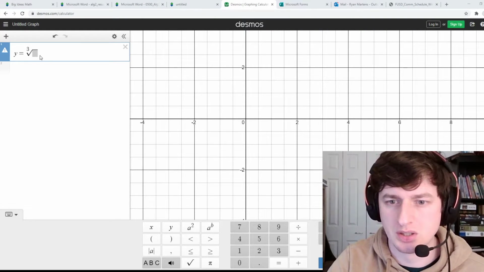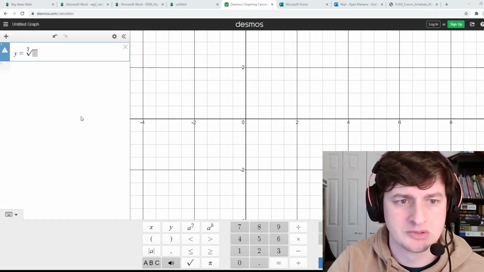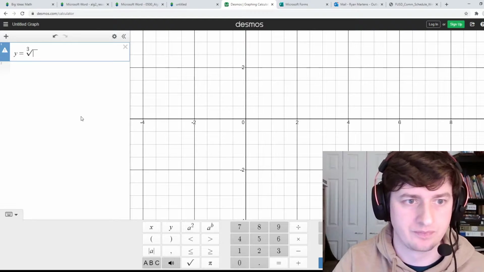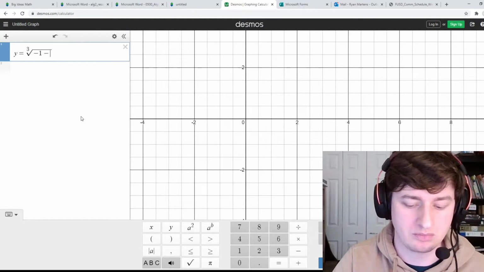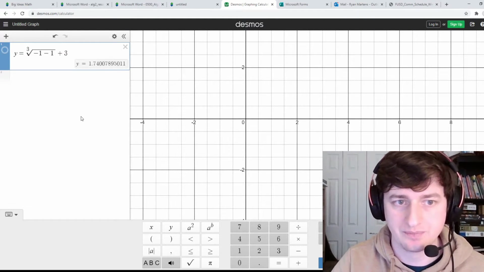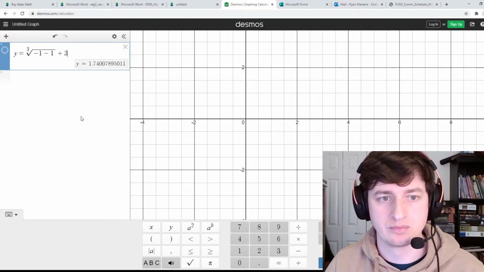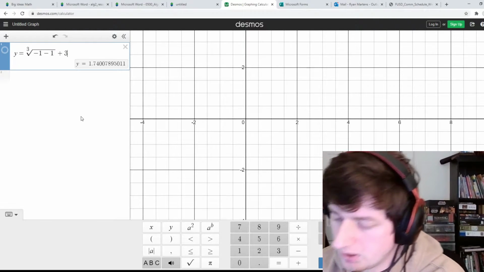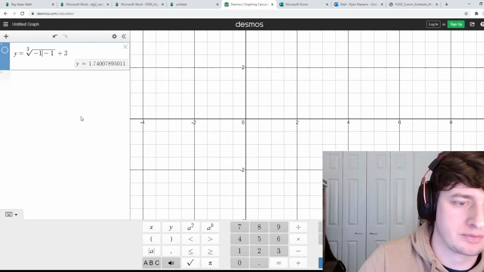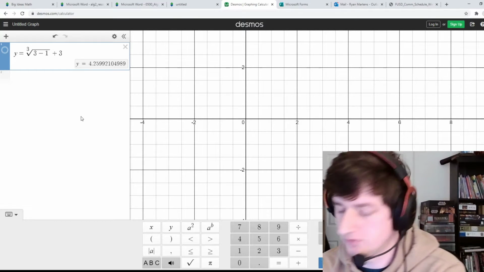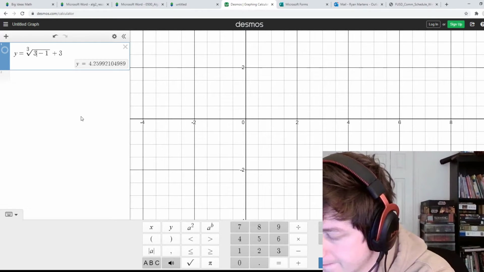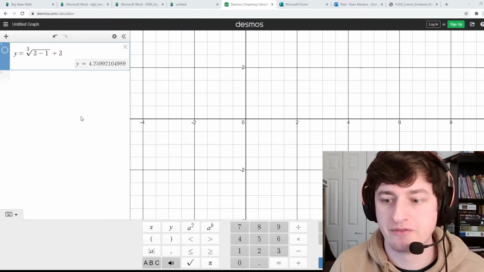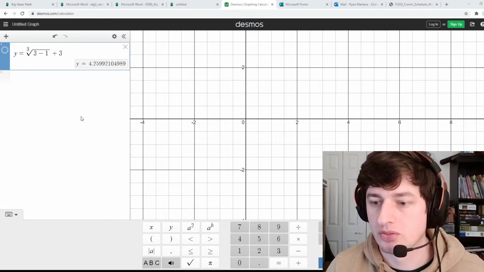And it's going to be -1 plus 3, so 1.74. And then if we put a 3 here, it's 4.25. Now, I said before that it was symmetrical, and it is symmetrical. It's the values that don't look symmetrical.